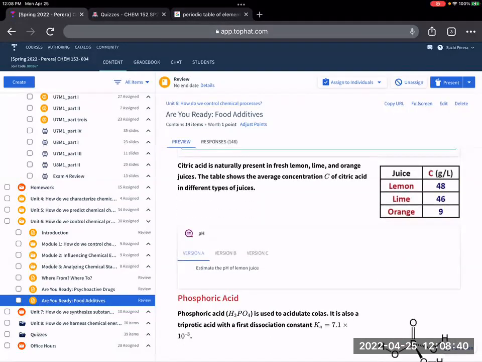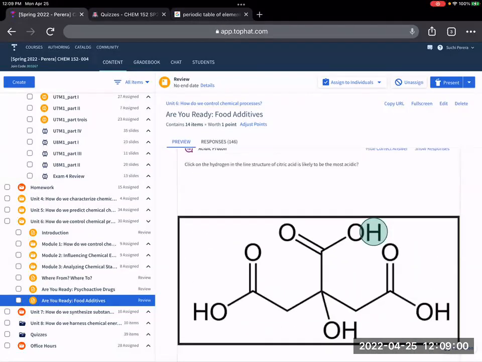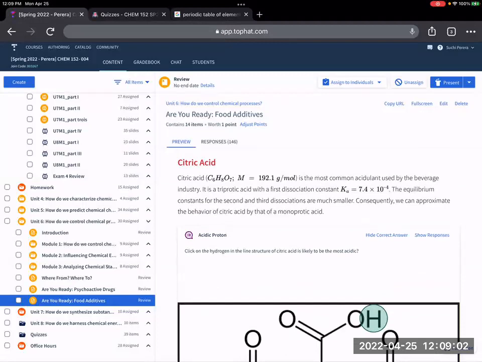Estimate the pH of lemon juice. You're given the concentration in grams per liter, so this is a different initial concentration. We need to pay attention to 48 and then 7.4 times 10 to the power of minus 4.